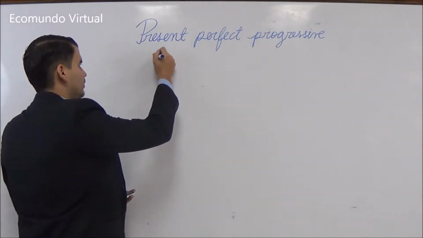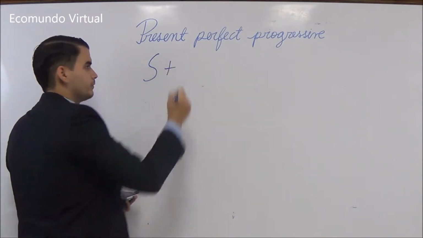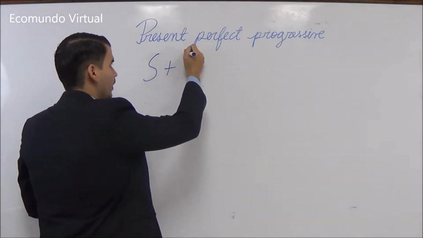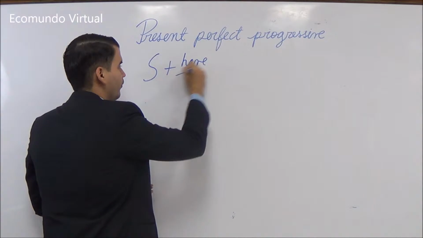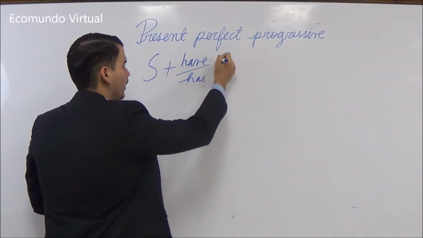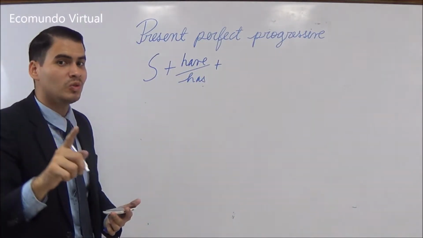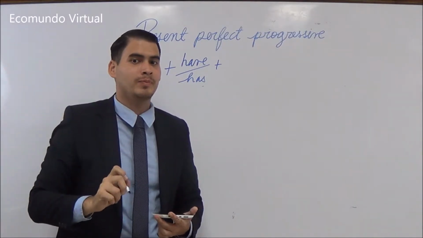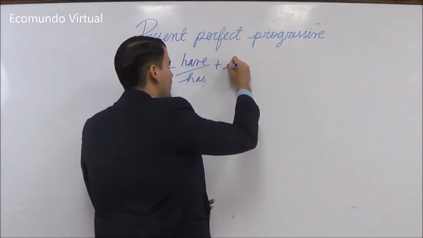The present perfect starts with the subject, then with the auxiliary, which is have and has. Then we are going to use one verb in past participle, which is been.